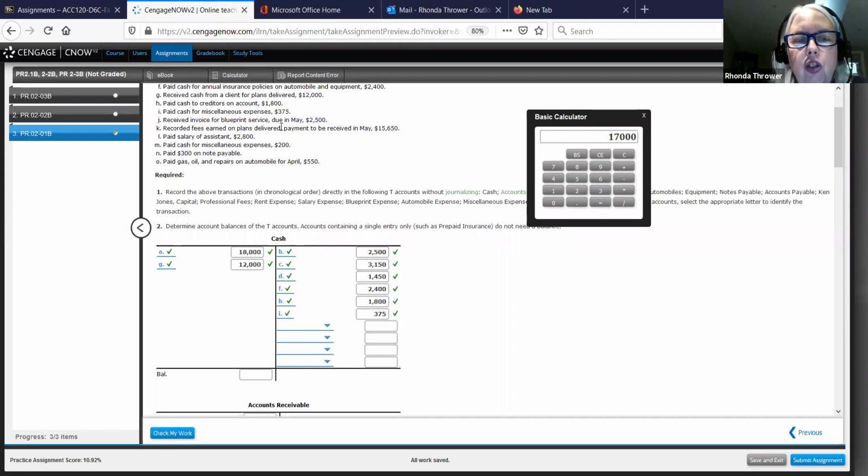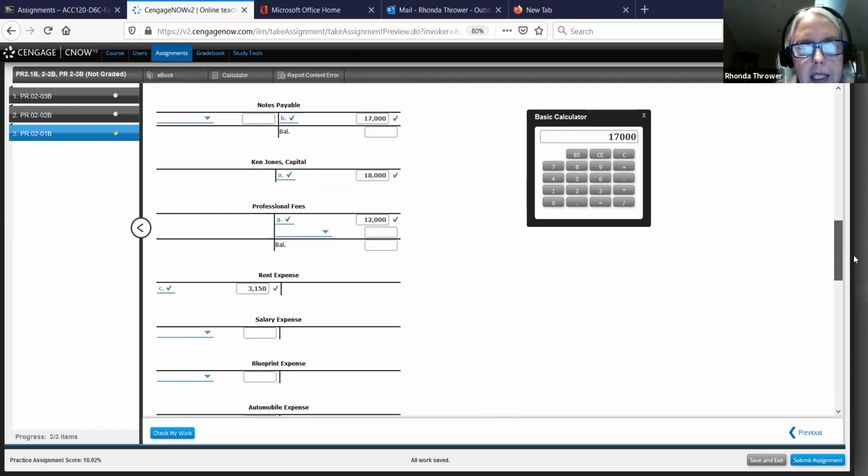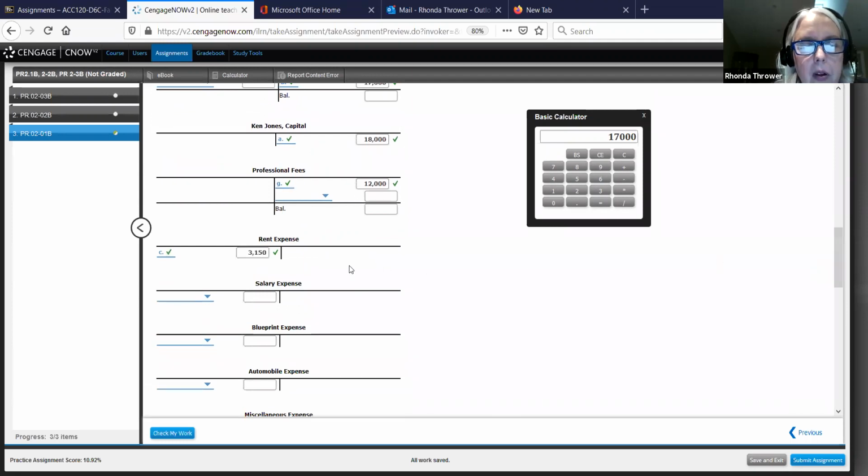So I have to show that I have incurred an expense for that blueprint service. So my expenses are going to be increasing in this case for the blueprint expense. My expenses will be increasing on the debit side for blueprint expense.